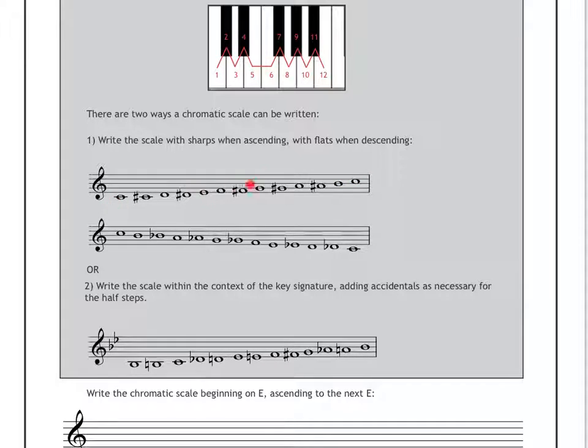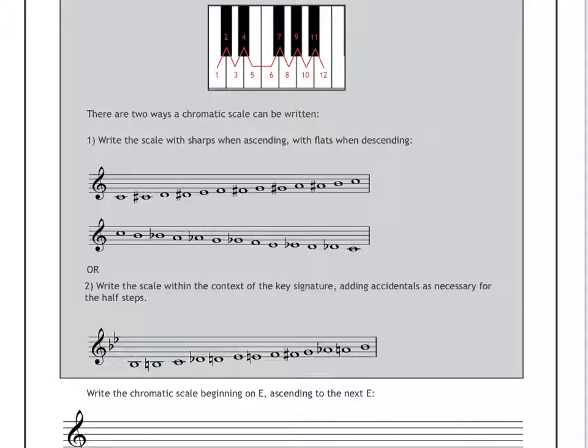So essentially you're using sharp signs going up, and you're doing the same thing coming down, but you're using flat signs. Now the reason they ask you to do that generally is that, let's say you were to use flat signs going up. Well, instead of the sharp signs here, let's use the enharmonic names. C and then D flat, so you're writing a flat sign here instead, D flat. Then you have to write D natural.